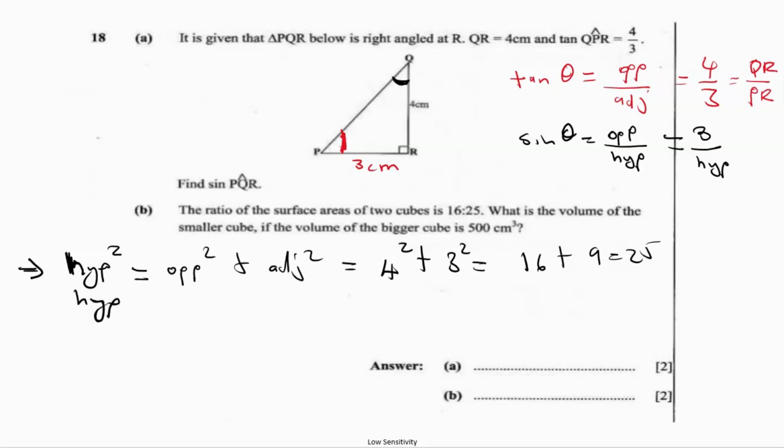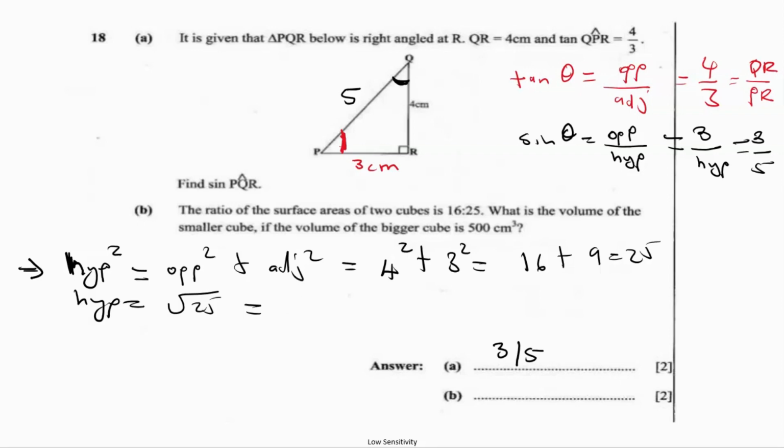Therefore, our hypotenuse is equal to the square root of 25, which is 5. So now we can easily go back here. We have 3 as the opposite, and our hypotenuse is 5, so this is 3/5. So we've solved the first one.